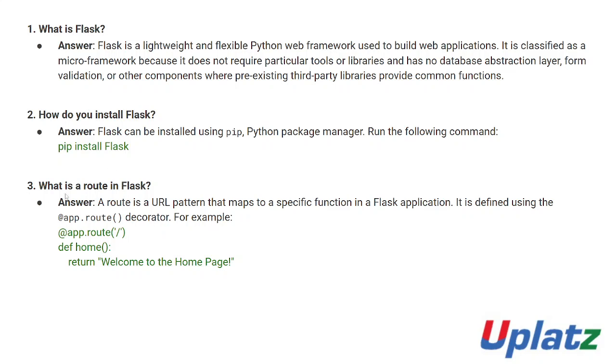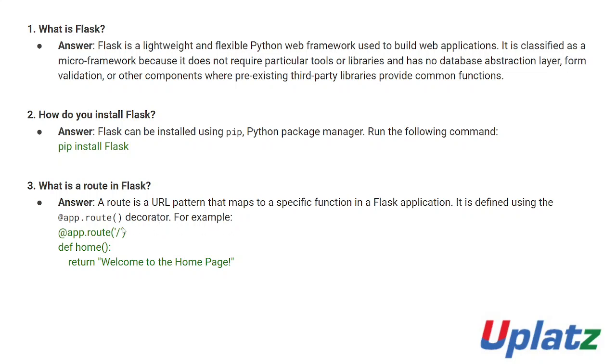Number 3. What is a route in Flask? Answer. A route is a URL pattern that maps to a specific function in a Flask application. It is defined using the @app.route decorator.